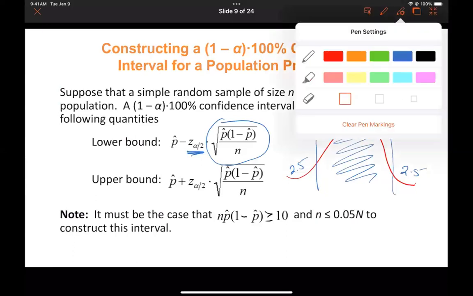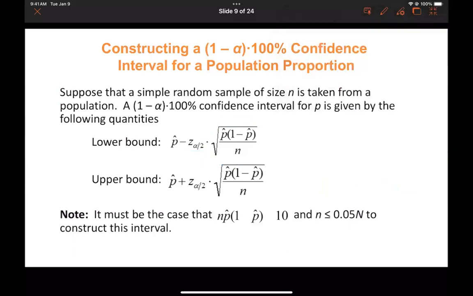And you add that to p hat and then subtract that from p hat. So z-score times standard deviation, because this is standard deviation right here, is your margin of error. And it gives you the upper and lower bounds of your confidence interval.